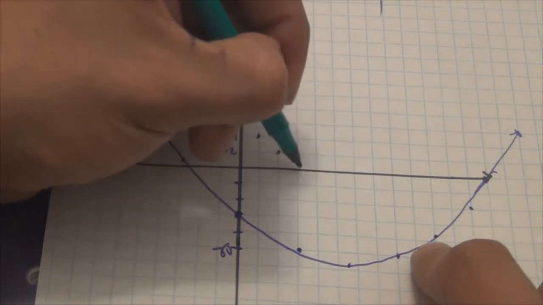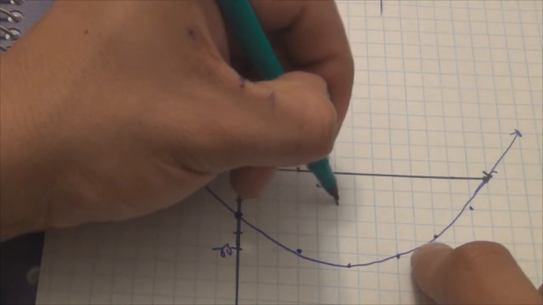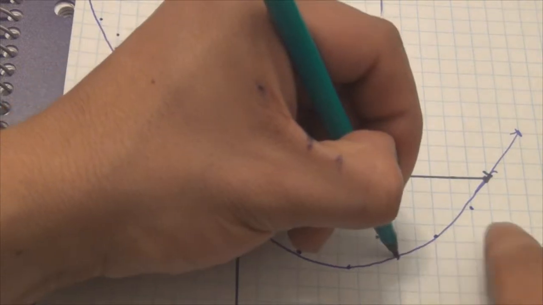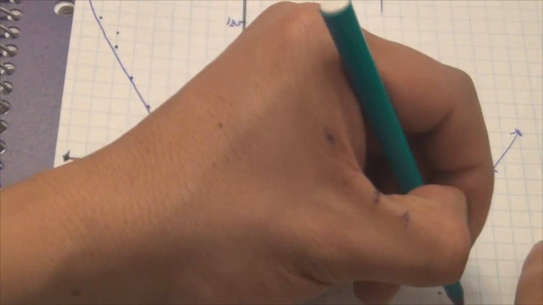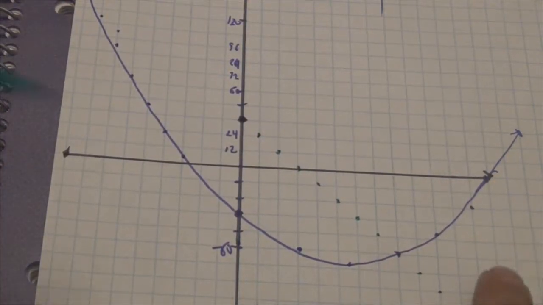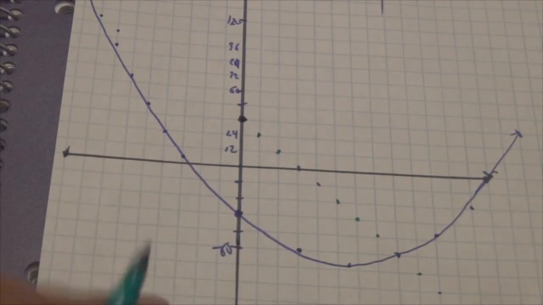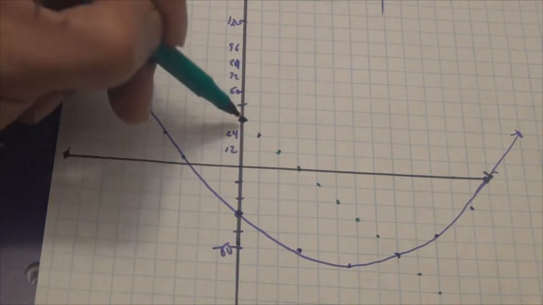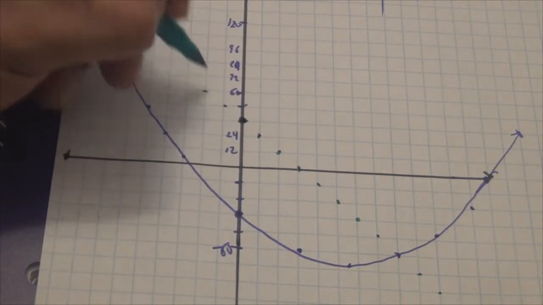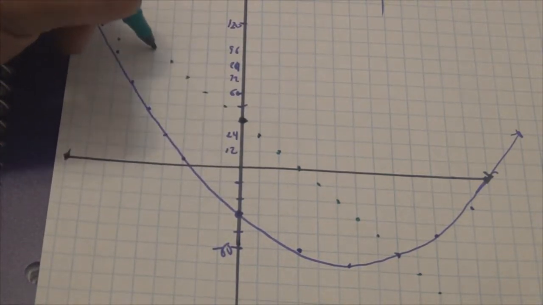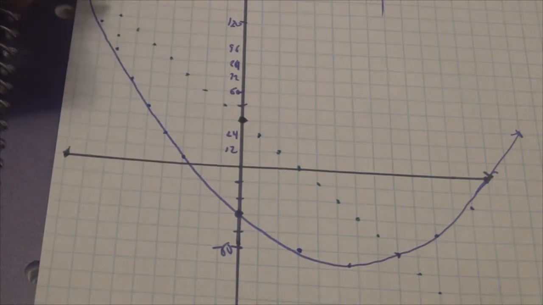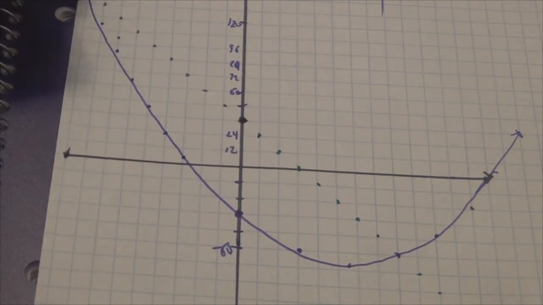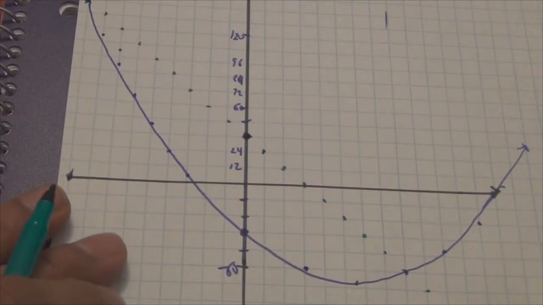12 down and 1 to the right, repeated, and we have our line. Now guess what? We saw on the calculator that it intersects twice. So let's see. Going the other way, 12 up and 1 to the left, the same behavior, remember? Oh my God, yes, it does intersect.